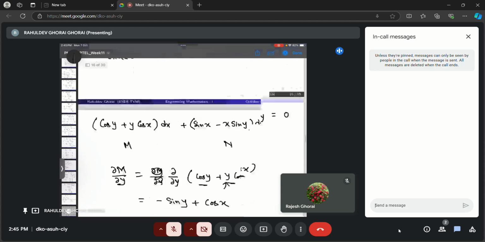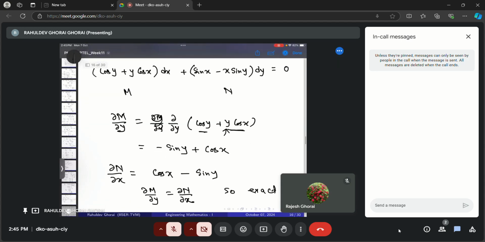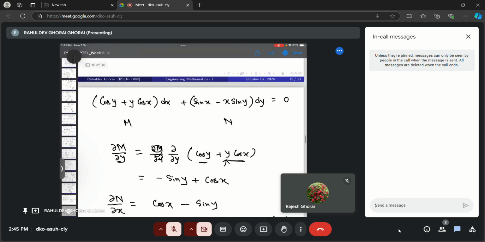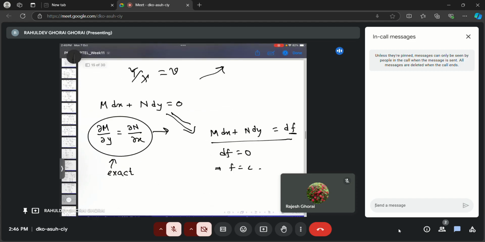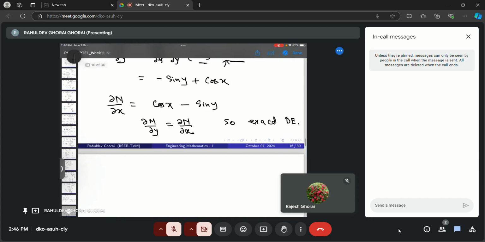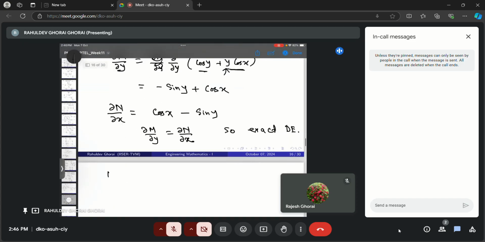So now, as I said, this was a question from your assignment, but can you tell me whether there exists a function f such that d of f is M dx plus N dy? So find f. How do you do that?